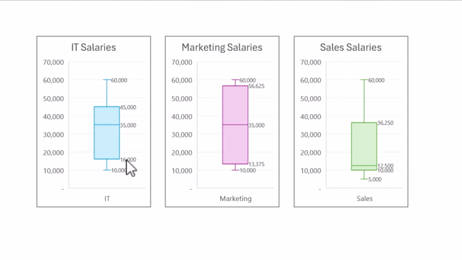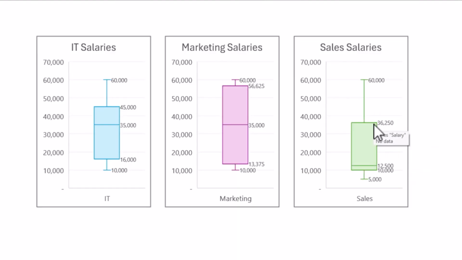It's further away from the first, but it's closer to the third. So what does it mean? There are values in the bottom half of your data set which are further away from the median. So you have values below the median which are far below. So you have very few employees with much lower salaries than the median, which is kind of pushing this box, or stretching the box, to the bottom. This is called a negative skew.